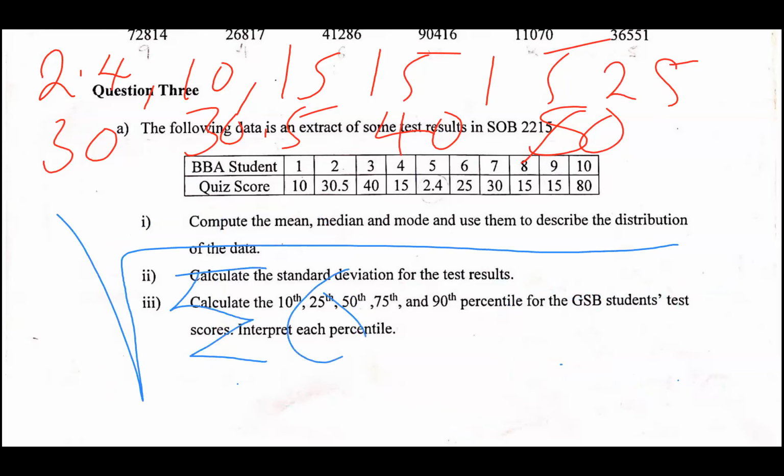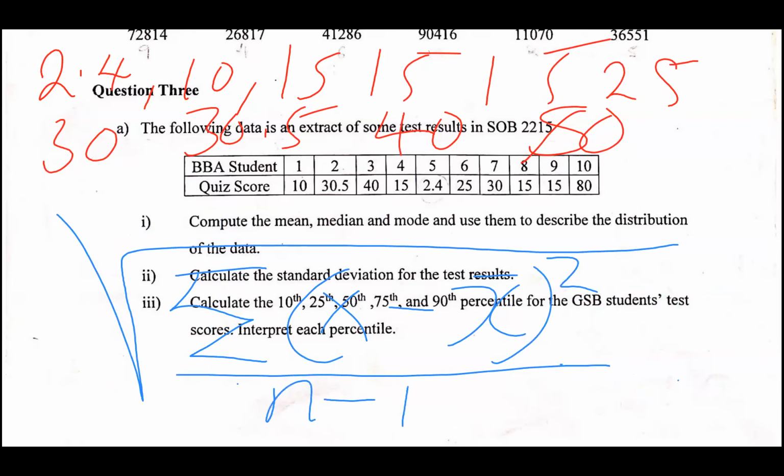If you still remember, we do each score minus the mean, square it, and add them: 2.4 minus the mean, squared, plus 10 minus the mean, squared, until we finish all of them.